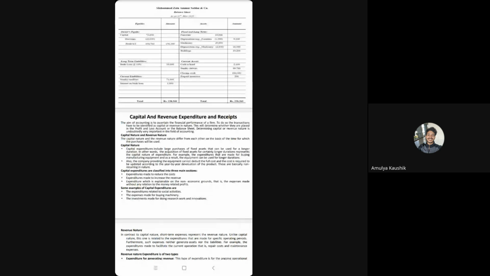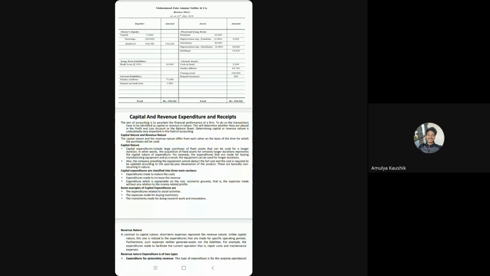That value will be added to your asset. Say 10,000 worth of machinery you are buying, and 500 you are paying for erecting that machinery. So the value of your plant and machinery will be 10,500. That will be shown in the asset side. You should not show that wages in the trading account.